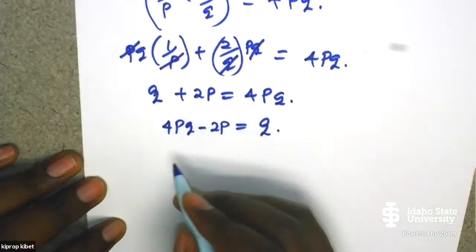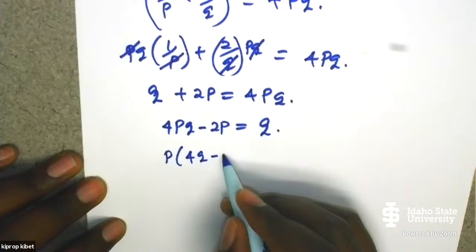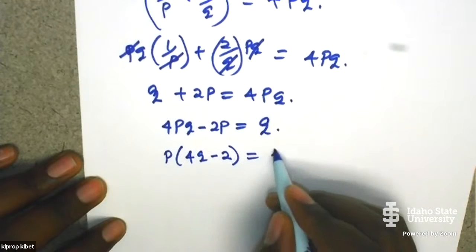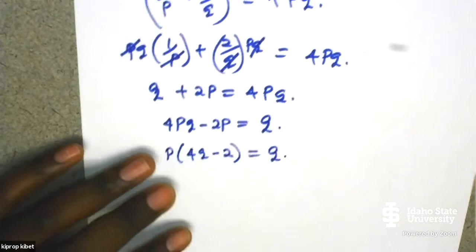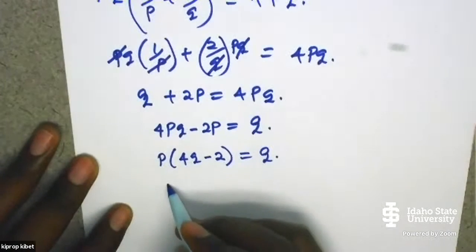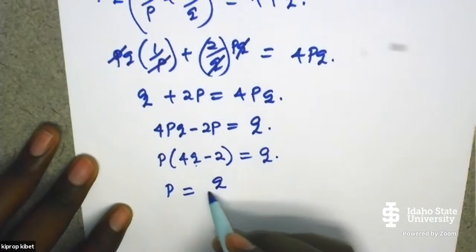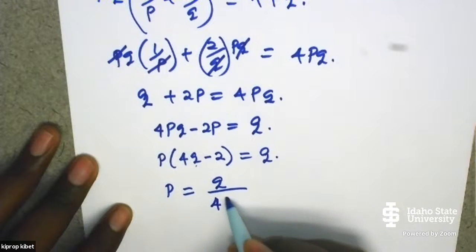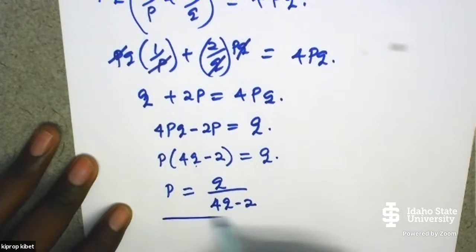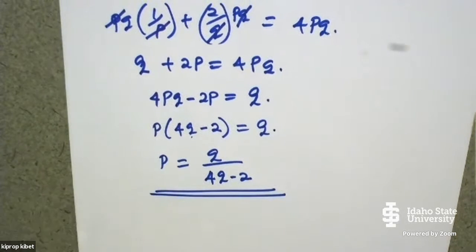P. So P times 4Q minus 2 equals Q. Now, since we are told to solve for P, we divide everywhere by 4Q minus 2. So P equals Q all over 4Q minus 2. Any question?